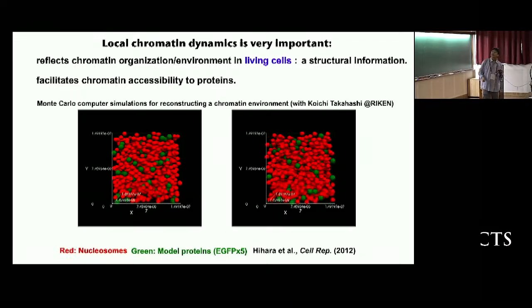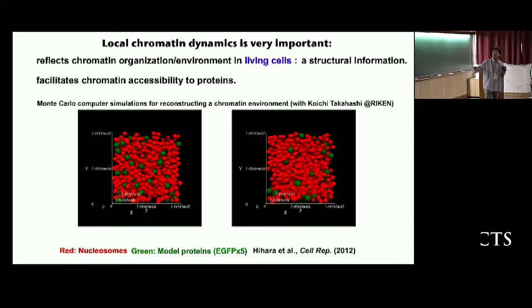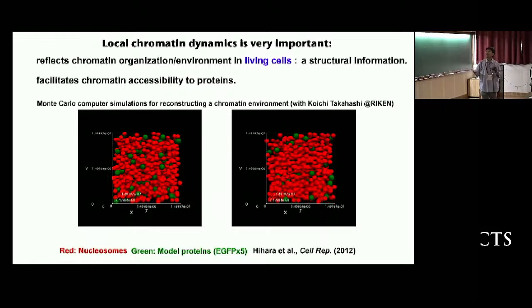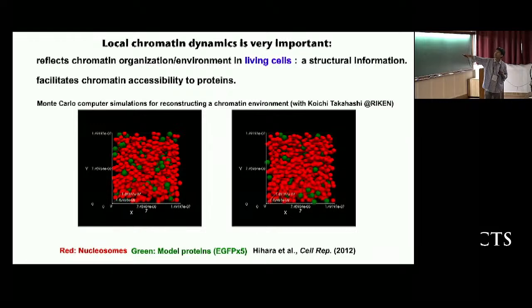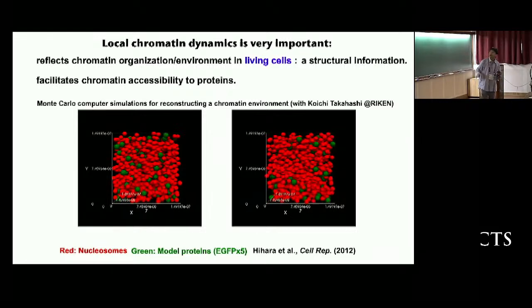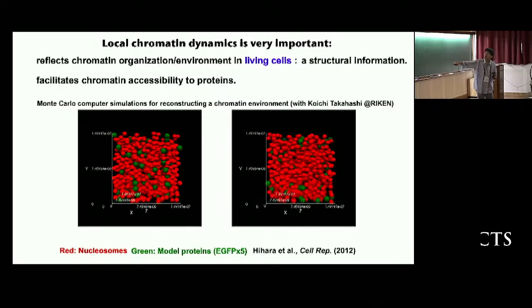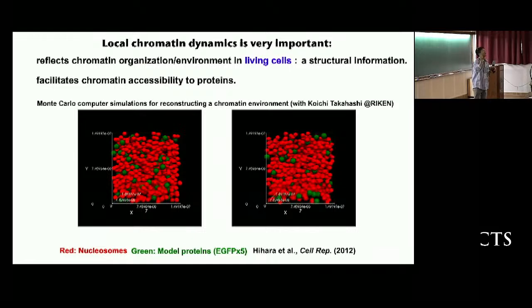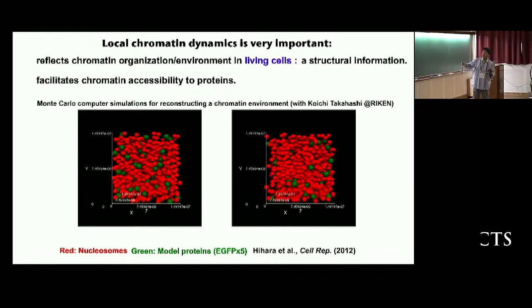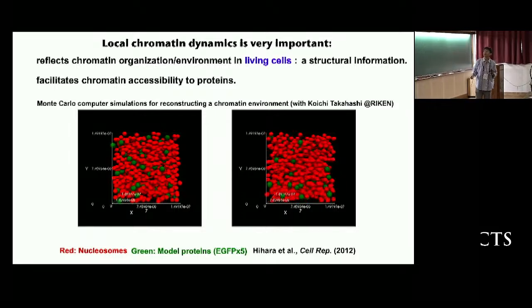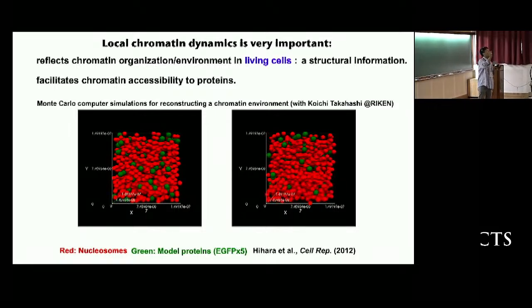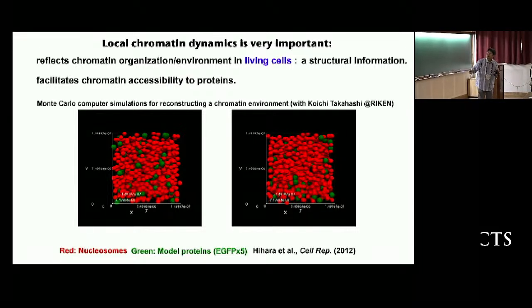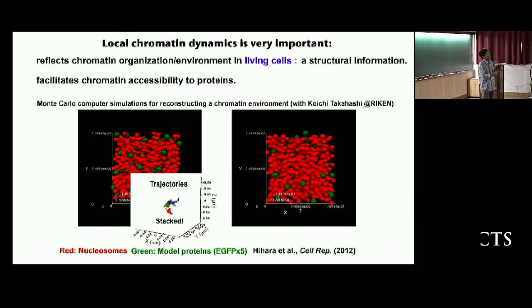These are multi-color computer simulations reconstructing the chromatin environment. This modeling was done by Koichi Takahashi-san at RIKEN. Red balls are nucleosomes and green balls are model proteins diffusing in the environment. Please look at this side. If the nucleosomes are immobile, fixed in space, the green proteins are stuck and can't move further.